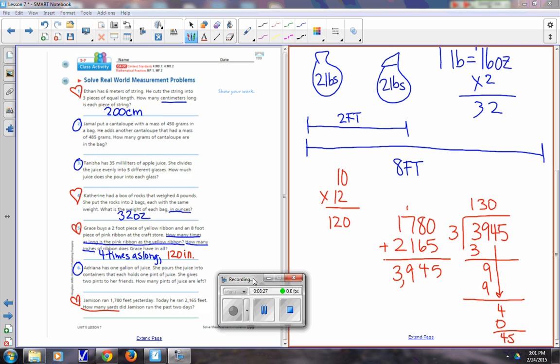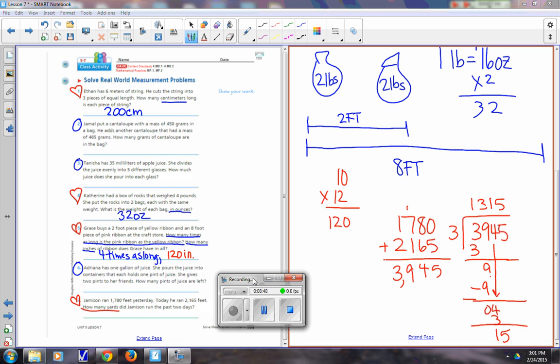Oh, yes, it can, Mrs. Crane. See? Mrs. Crane makes mistakes. Just making sure you're paying attention. All right. 0, bring down the 4. 1, 5.